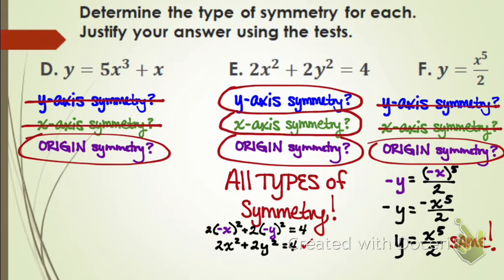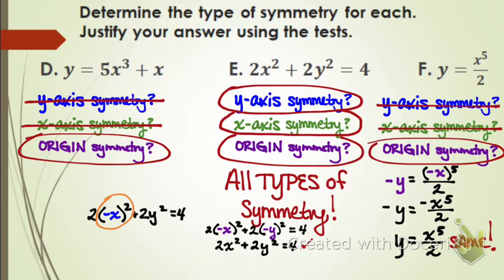If I replace just one of them with a negative, say I just do my y-axis symmetry test, so I only replace x with negative x, but I leave y unchanged, I would just need to simplify this piece right here.